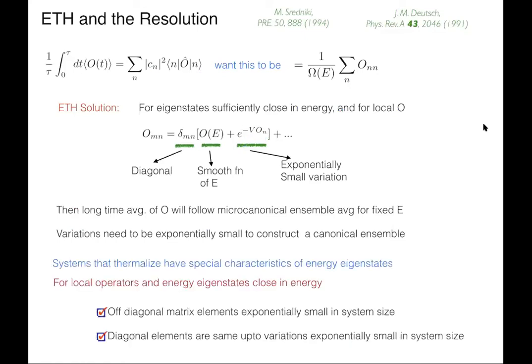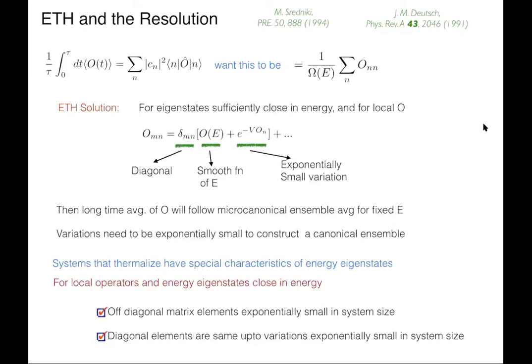It says something very strange. If you have to thermalize within a reasonable time, the energy eigenstates must have very special characteristics. For local operators and energy eigenstates which are close in energy, off-diagonal matrix elements must be exponentially small in system size, and the diagonal elements are the same up to variations which are exponentially small in system size.